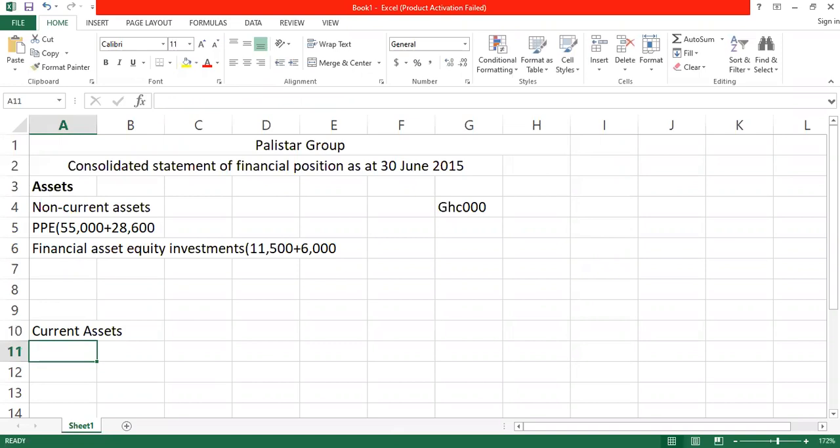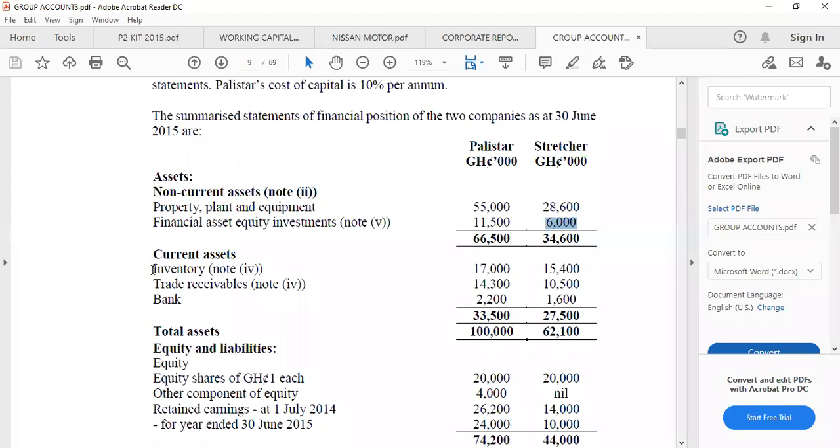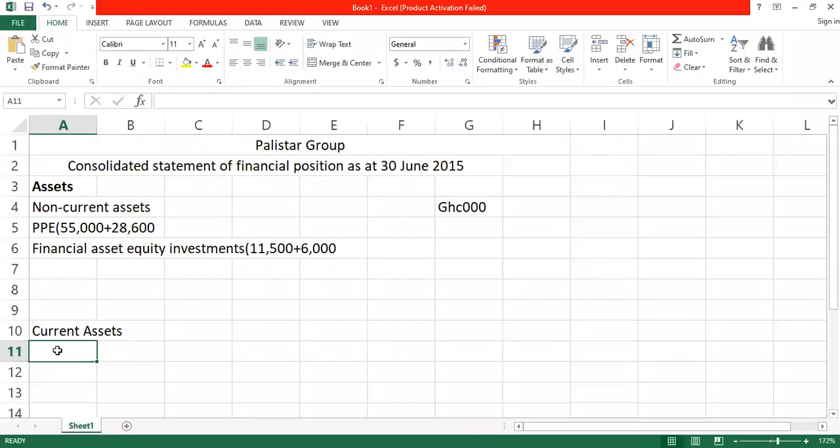So the current assets. The first one is inventory. Can you write the figures down so that you give them to me? 17,000 and 15,400. So inventory is 17,000 plus 15,400.